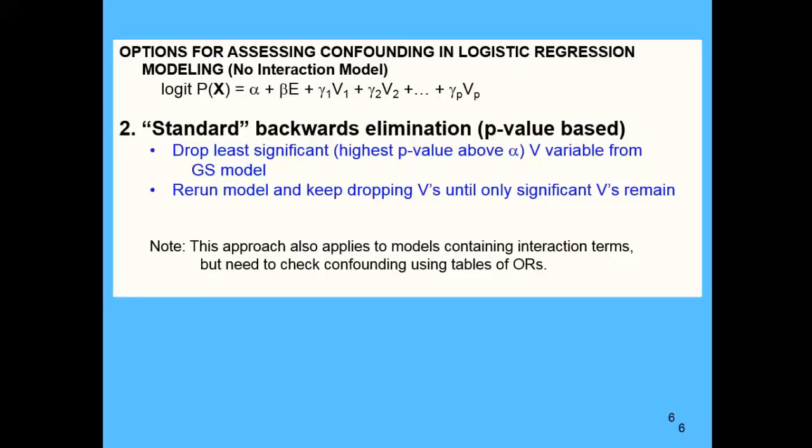If you're going to do the Wald test and you fit this model which had 10 V variables and 1 E, the single E variable, which of the V variables are you going to drop? You're going to get a bunch of Wald statistics for each one of those V's, okay? And for the Wald statistics corresponding to that, you're going to get a p-value, right? So the p-value that's the highest is the least significant one, right?